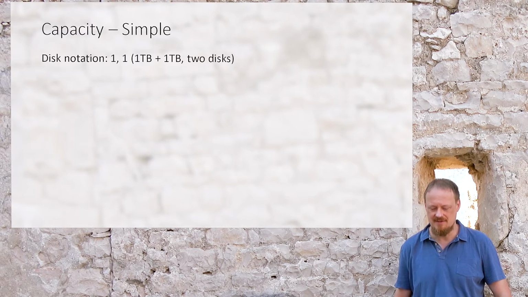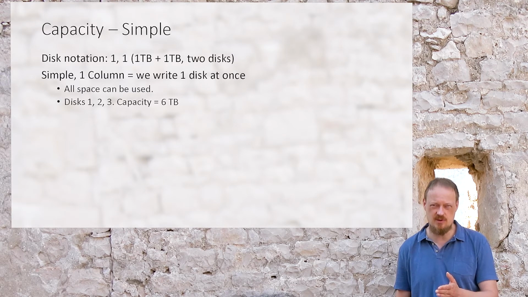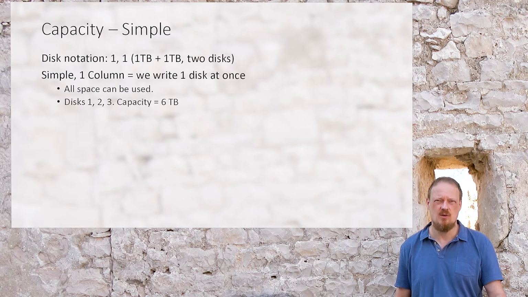For example, if we have 2 disks, both 1 terabyte, in simple, 1 column equals 1 disk. If we have disks of, for example, 1 terabyte, 2 terabytes, 3 terabytes, also all 6 terabytes can be used.